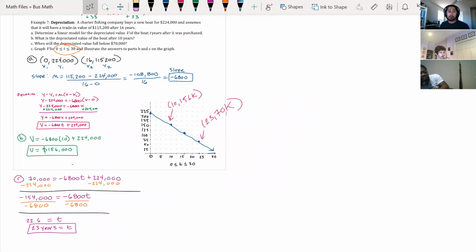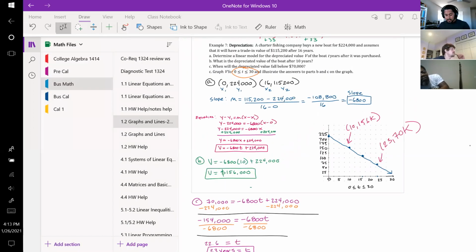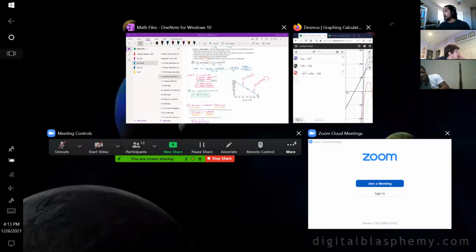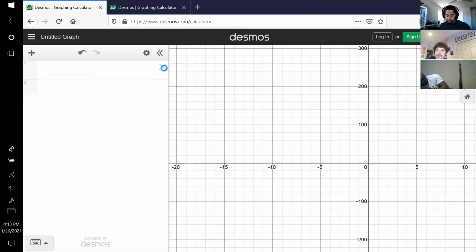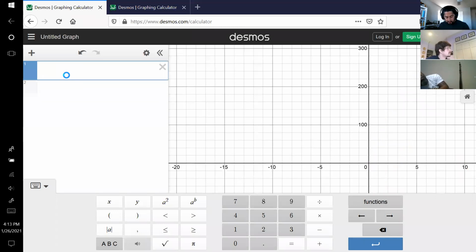And another way you can help graph this is by using your graphing calculator or by using Desmos. Desmos is pretty awesome. So let me just show you that, because sometimes the graphs on my math lab are pretty hard to determine which one is the correct answer. So using Desmos can be a lot of help for you. So our equation is y equals negative 6,800x plus 224,000.